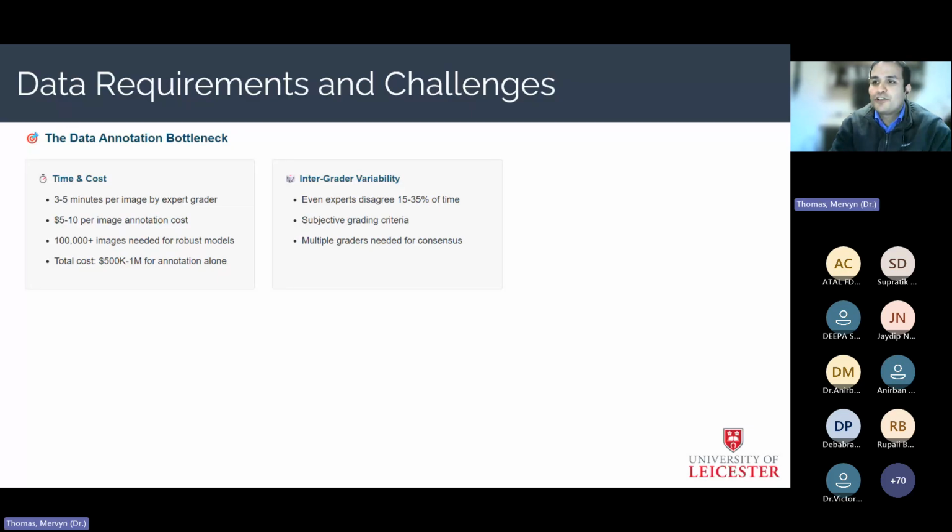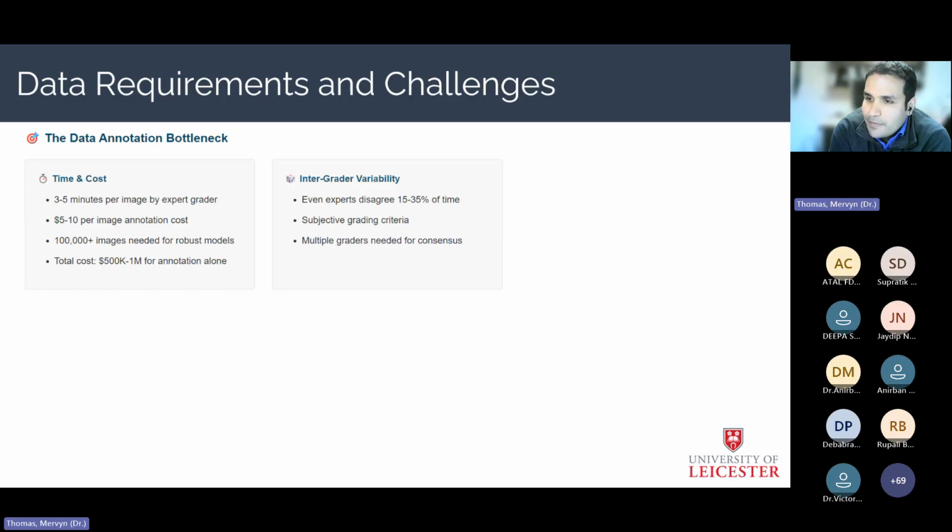But let's not sugarcoat this, because creating these AI systems is incredibly expensive and time-consuming. Expert grading takes 3 to 5 minutes per image, and it can cost $5 to $10 US. For robust models, you need hundreds of thousands of images.